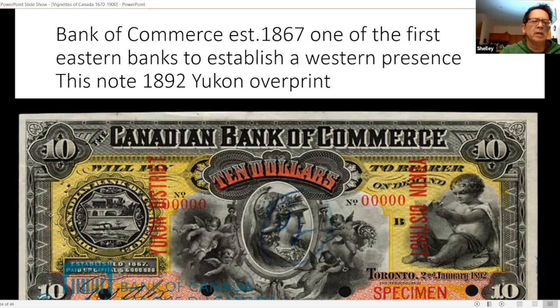You've got a train, a ship in the crest, as well as the allegoric figures. Quite a lovely note, again, based in Toronto, but for the Yukon District, which again joined Confederation relatively early in 1898. And that's the area where the gold rush was happening.